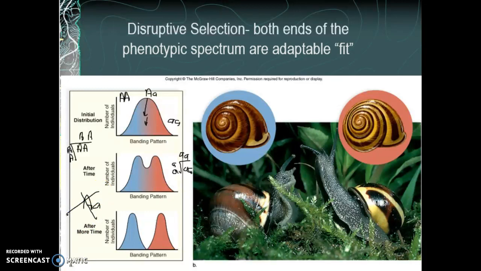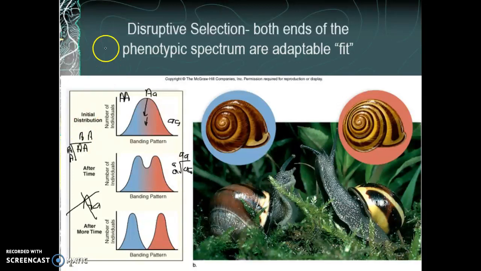So as this continues, as these selections continue, whether it's disruptive, whether it's directional, or it's stabilizing, what you're doing is changing part of your population. And when you change the population enough that it cannot reproduce with other members of the population, we then say you've undergone speciation and you have a new species.